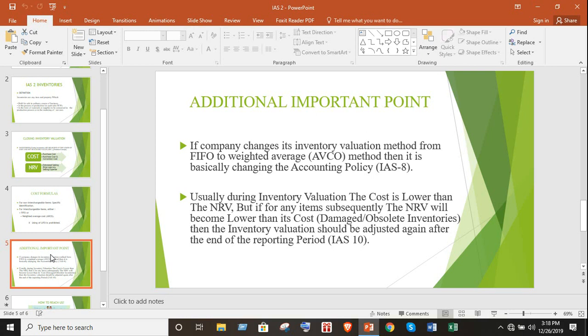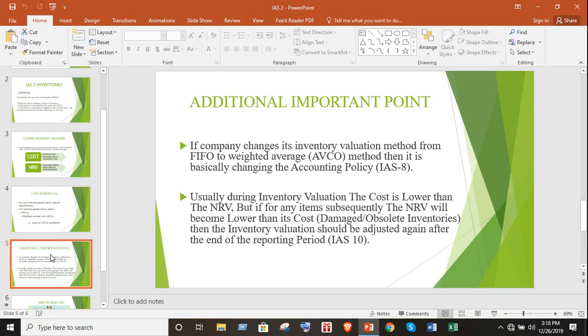So if for any item of inventory the cost component is higher than NRV after the year end, then the inventory valuation should be readjusted. In the example I have given, the cost component was 5 but the reduced NRV became 4.